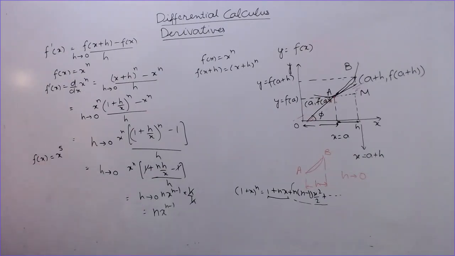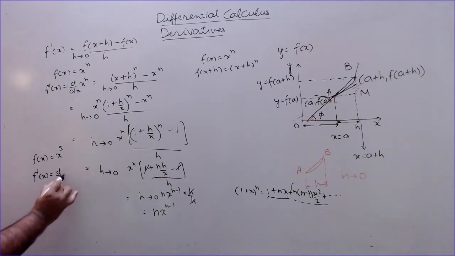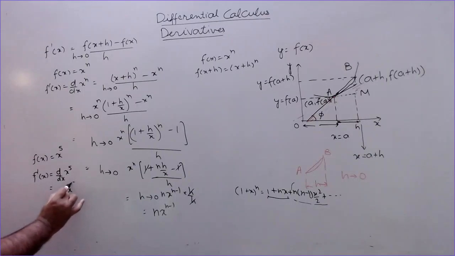This n can be an integer or a fraction, and n can be positive or negative, except 0. So f'(x) is d/dx of x raised to the power 5, which is equal to 5x to the power 5 minus 1, or 5x to the power 4.